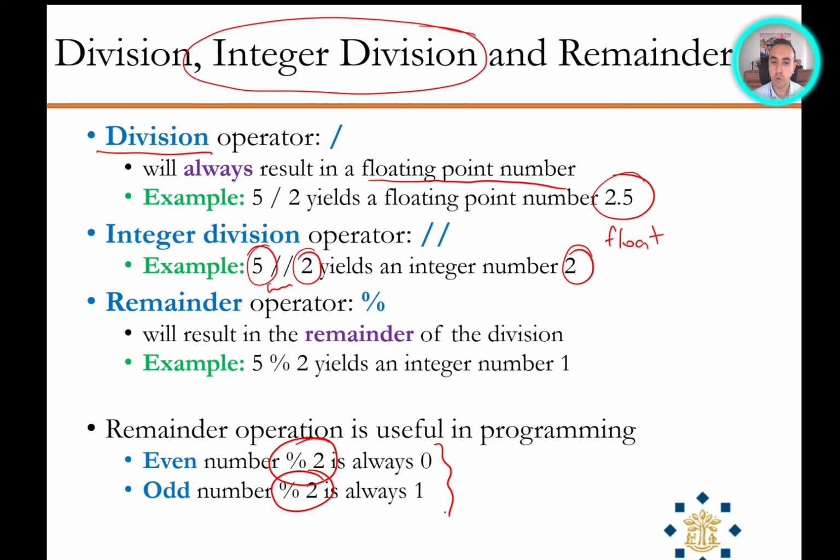And 0 and 1 is really important in programming because it can be true or false, or just like a binary digit, right? 0 and 1. So computers love 0, 1 type of a thing. So that's why we are going to use remainder operation. It's going to be so useful in programming.